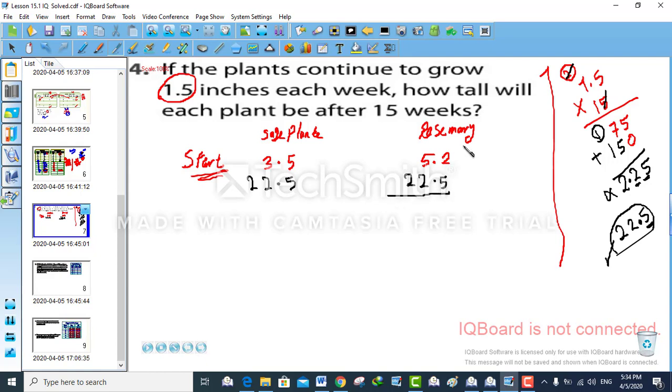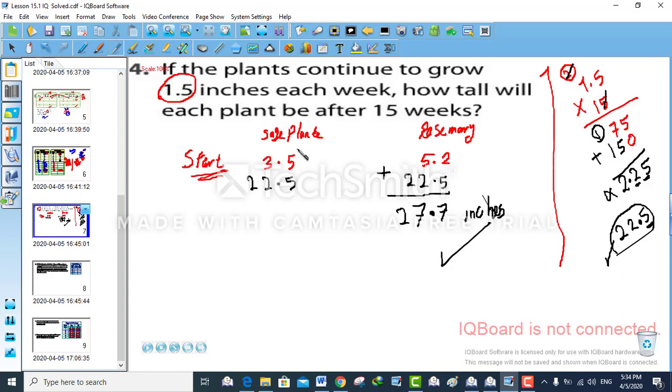22.5. So for the rosemary plant, I will add 2 and 5, 7, decimal, same decimal, 5 plus 2, 7, 2 and nothing, the same 2. So it's going to be 27.7 inches for the rosemary plant.